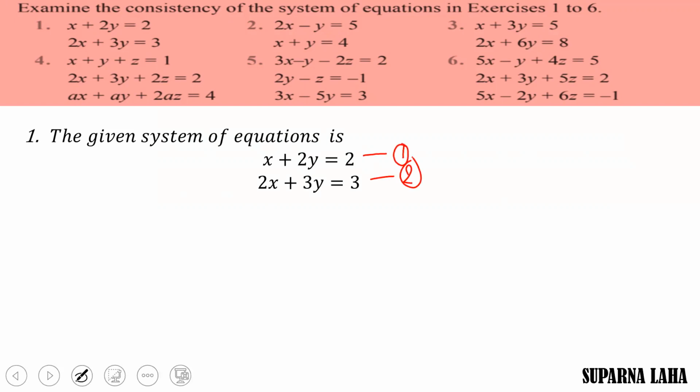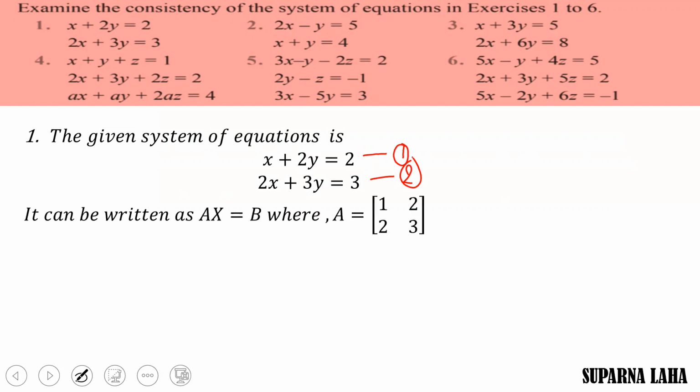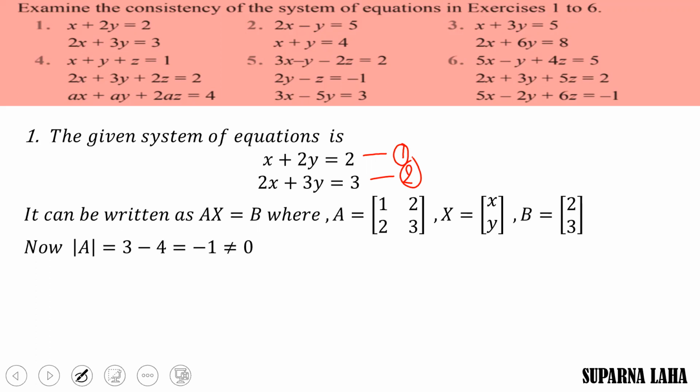Firstly, represent the system in matrix form, that is Ax equals B, where A is the coefficient matrix, 1, 2, 2, 3, x is x and y, and B is 2 and 3. Firstly check whether the determinant of A is non-zero or zero. Just multiply: 3 minus 4 is minus 1, which is non-zero.